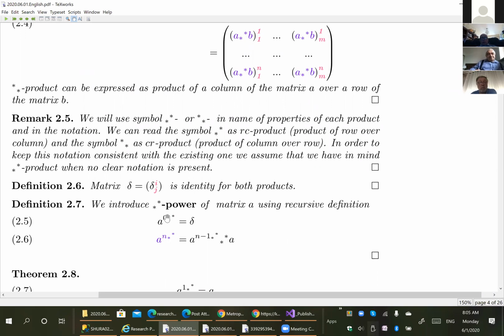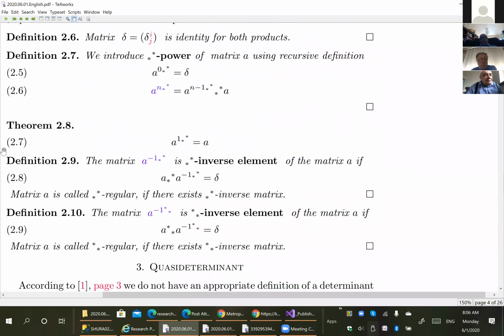For each type of product, I can introduce a power. For instance, the RC power of a matrix is defined as: the zero power is matrix delta, and the n power I introduce as the product of the n minus 1 power times A. Also, the row column inverse matrix is defined by equality 2.8, and similarly, I introduce the column row inverse matrix, defined by equality 2.9.